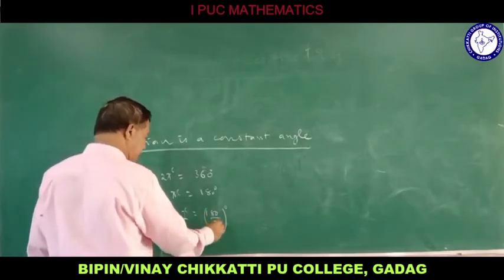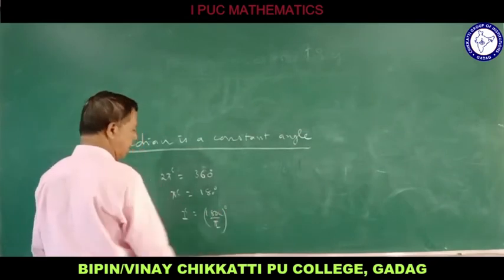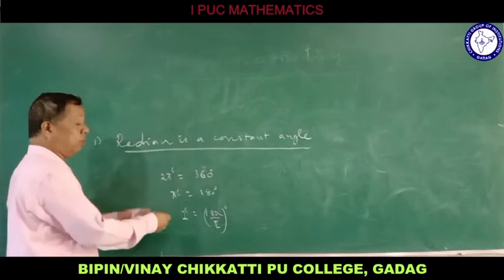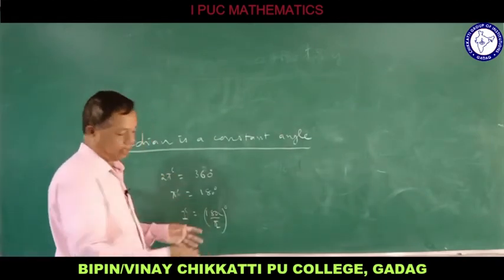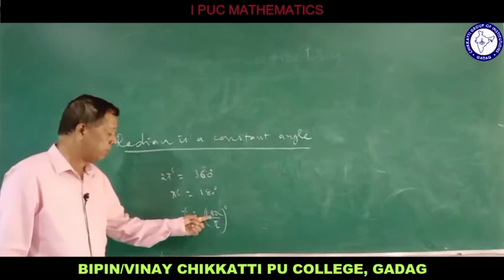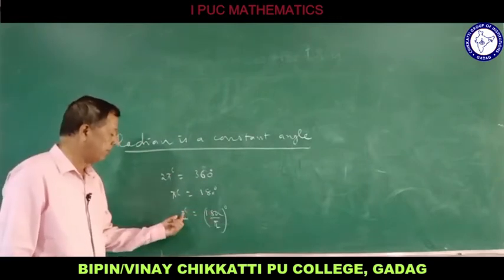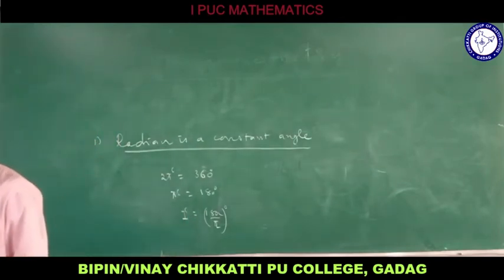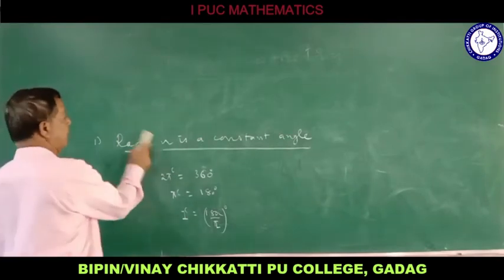So pi is constant, 180 is constant, and 1 radian is also constant. From this we conclude that radian is a constant angle. Because 180 is constant and pi is constant, constant by constant gives that 1 radian is constant. This is how we say that radian is a constant angle.